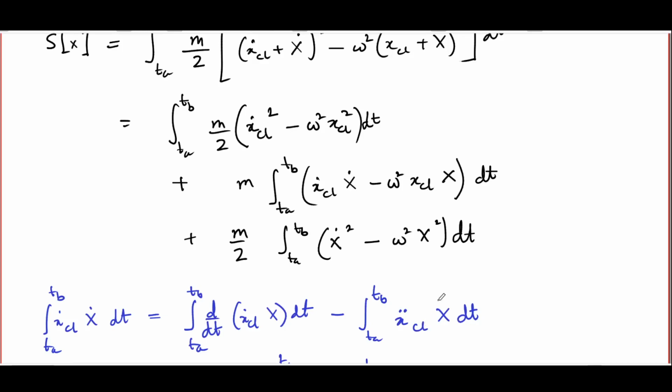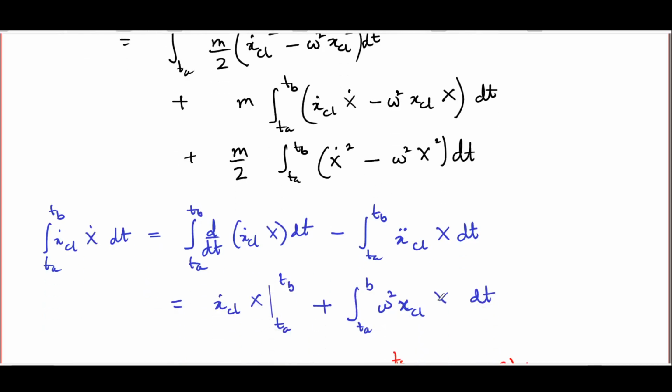But now comes the classical equation of motion. X double dot classical is actually minus omega square times x classical. If you plug that in, this term becomes the integral from TA to TB of omega square x classical times capital X dt. And this integral, which can be integrated out using the fundamental theorem of integral calculus, is simply 0, as we have already explained.